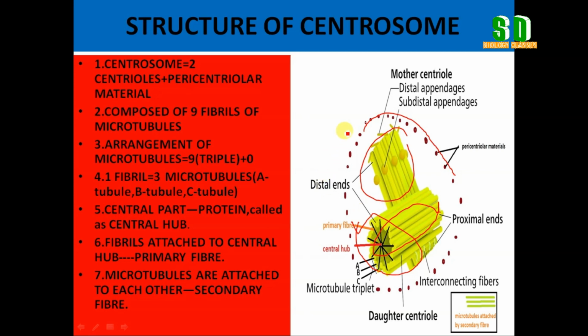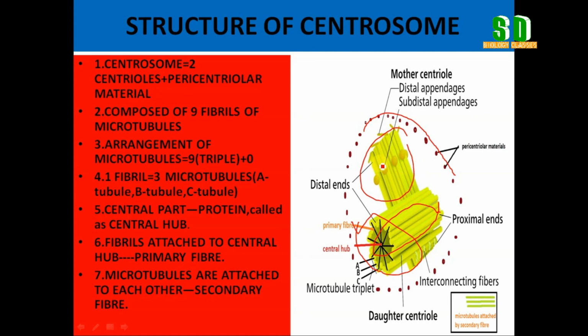Now we are going to know about the internal structure of the centrioles. That means, by which material are the centrioles formed? It is made up of 9 fibrils of microtubules on the periphery, and each fibril is composed of 3 microtubules.